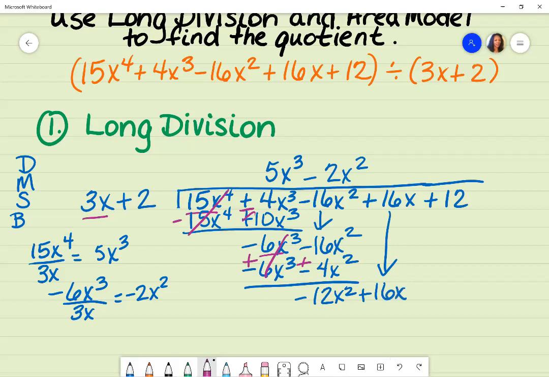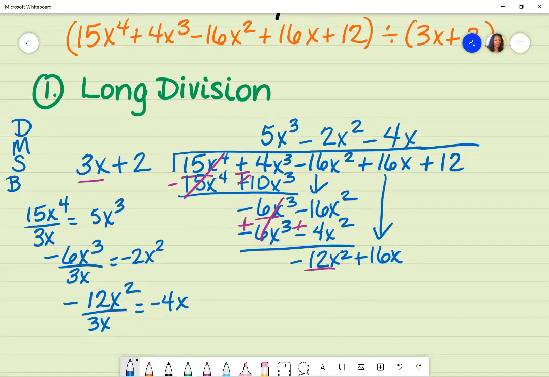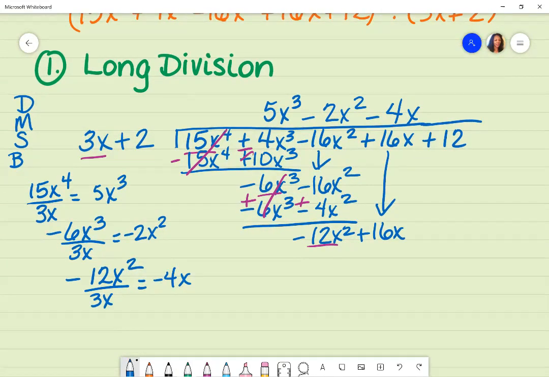Start the process again. Negative 12x squared divided by that same 3x is negative 4x. I put this above because that's my quotient. And I'm going to take the negative 4x and multiply it times all of my divisor.